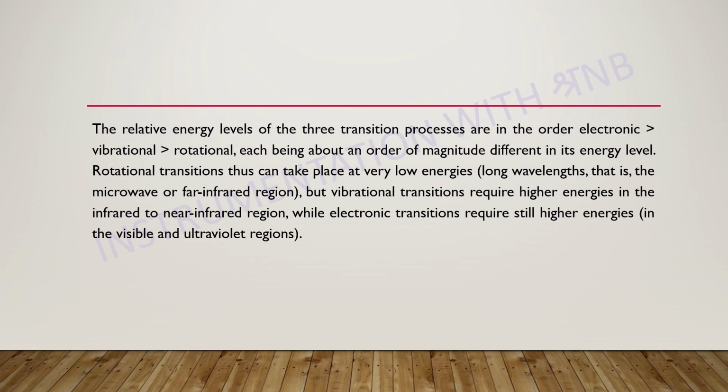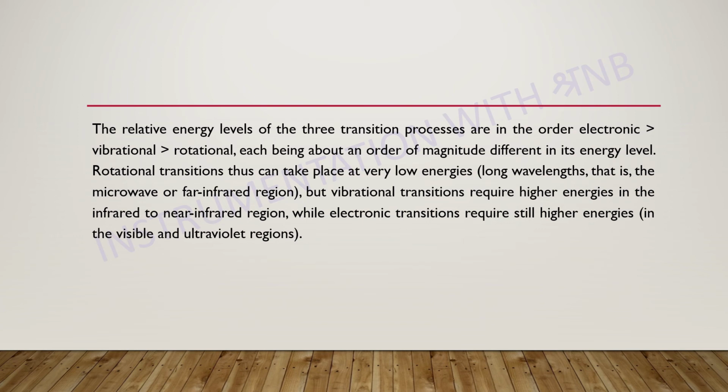The relative energy levels of the three transition processes are in the order highest of electronic, then vibrational, then rotational. Rotational transition can take place at very low energies, thus they lie in the longer wavelength region, that is microwave or far infrared region.